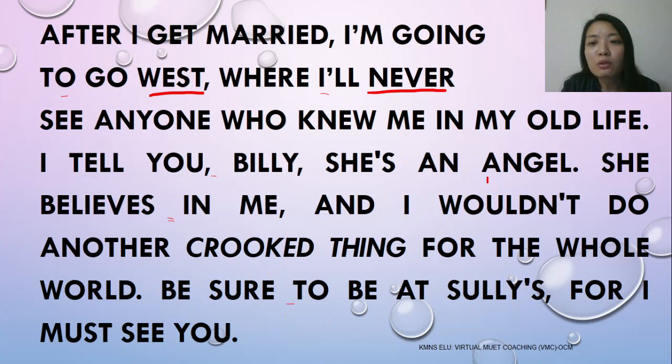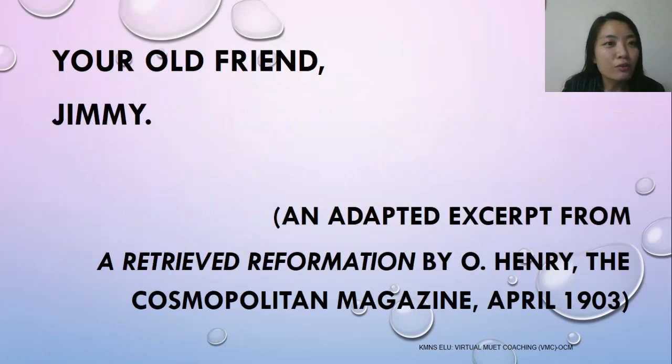So from here we know that this girl must be very important, and he wouldn't do another bad thing anymore. Crooked thing here means another bad thing. So you're done reading the text. Then what do you do next? Oh wait, haven't finished. Your old friend Jimmy. So this is a very old story from 1903.